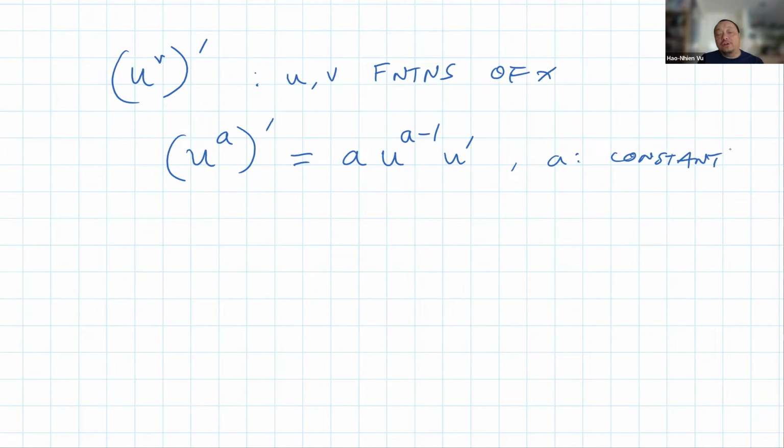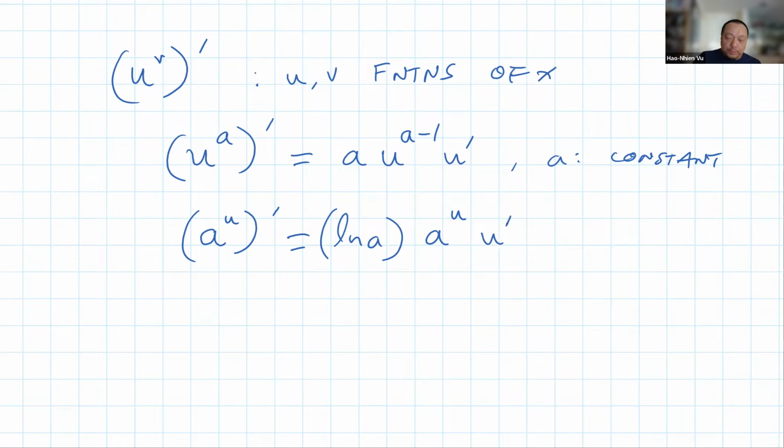And that's a situation where the base is a function of x, but the exponent is a constant. Or in the case where the base is a constant and the exponent is a function of x, then just apply the exponential formula. It's ln of a times a to the u, and then the chain rule, so times u prime.